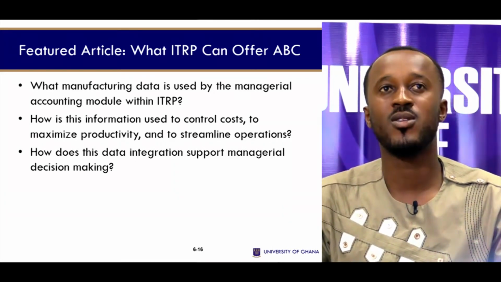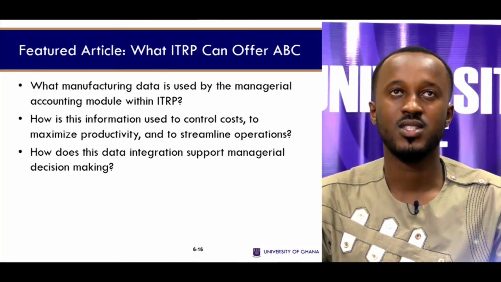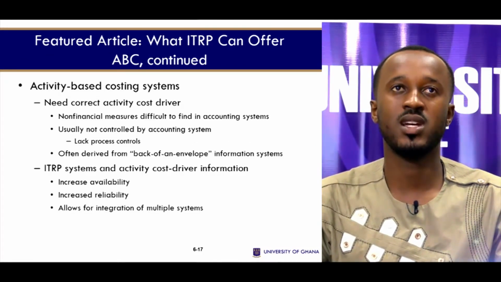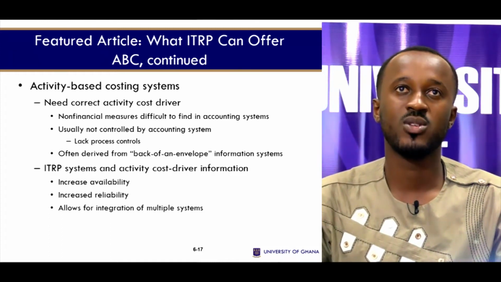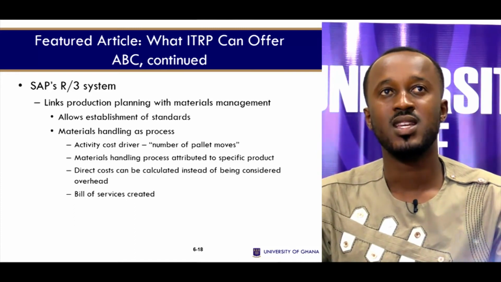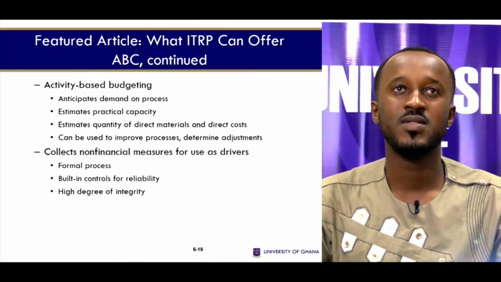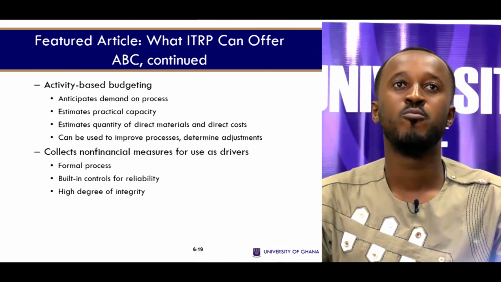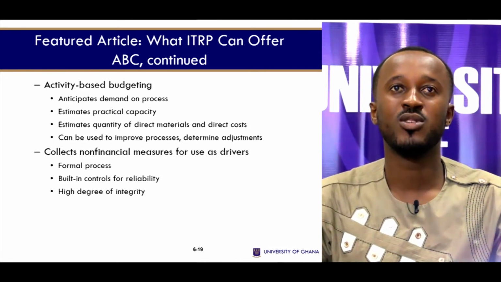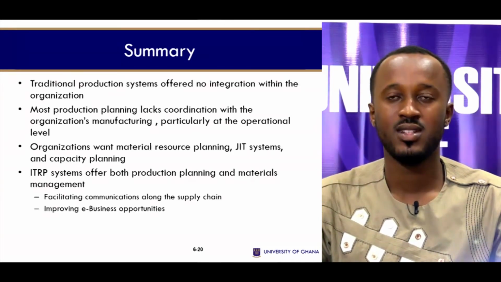We'll also see how this data integration supports managerial decision making. We'll take a look at the activity-based costing systems. Then we'll look at the SAP's R3 systems. We'll look at activity-based budgeting. We'll look at collection of non-financial measures for use as drivers.